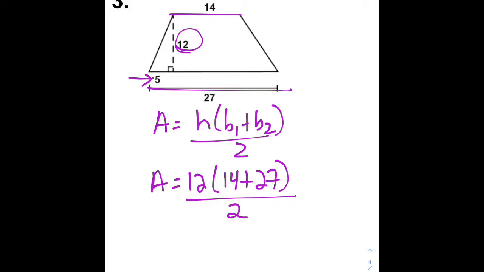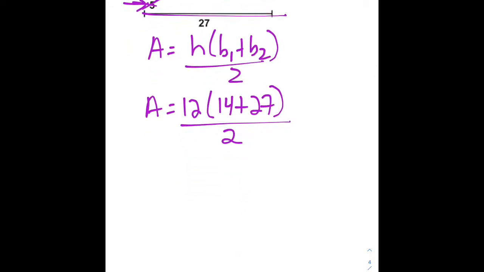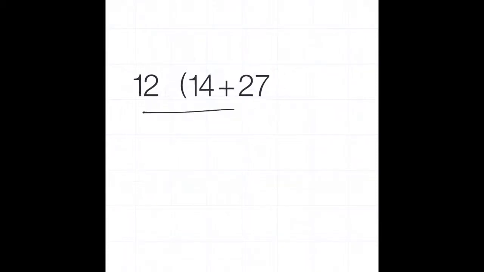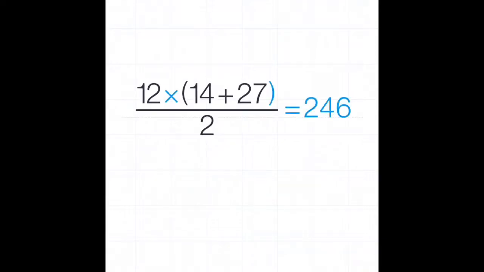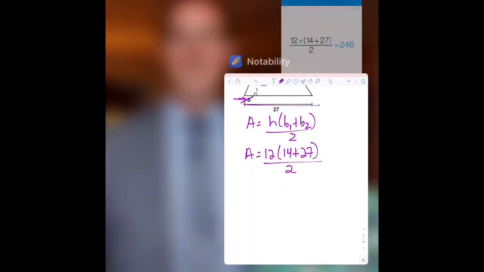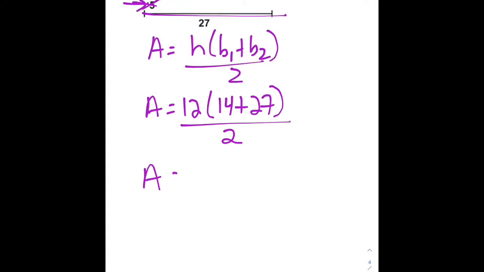So in this case, the 5 is extraneous information and it does not need to be used. So in order to find my answer, I'm going to take 12 times 14 plus 27 and divide that all by 2, and I get 246. Now this problem did not have any units in it, so this would just be units squared.